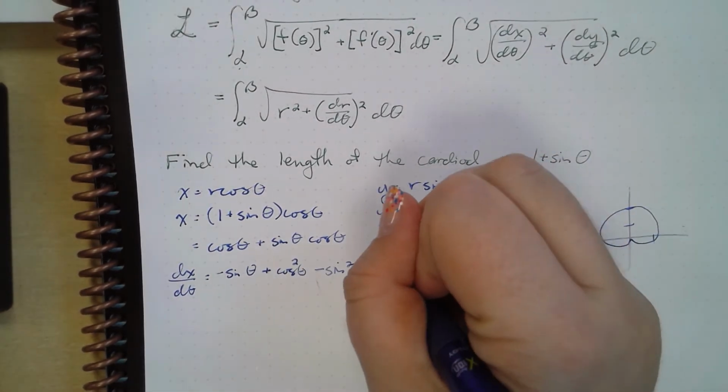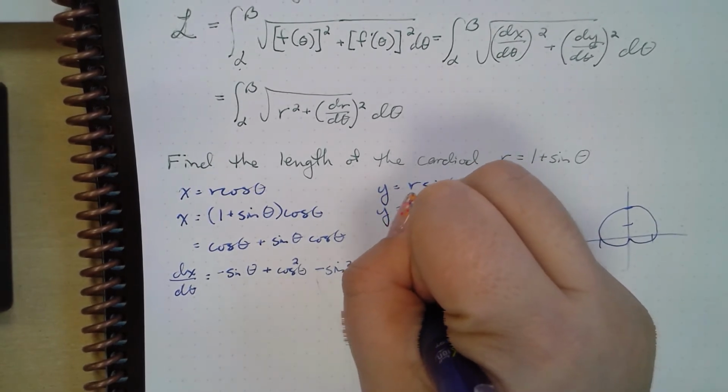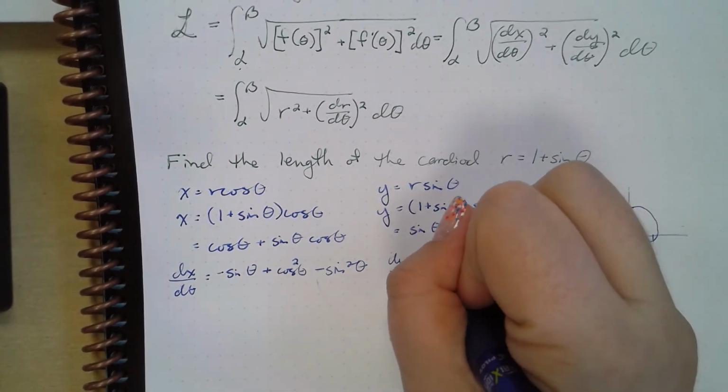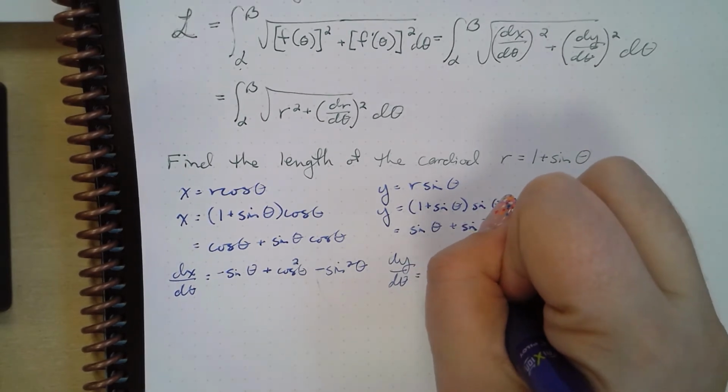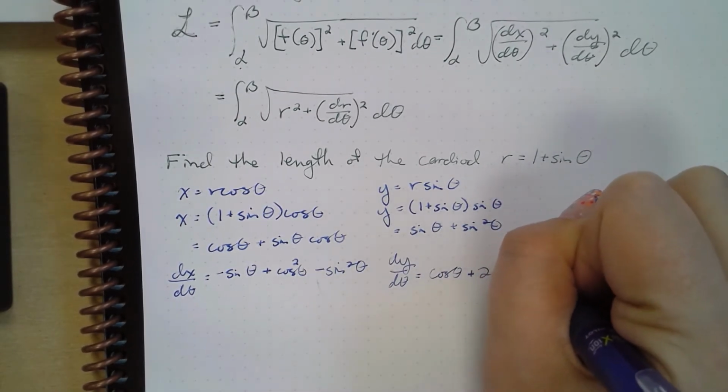And then dy d theta is going to be equal to cosine theta plus 2 sine theta cosine theta.